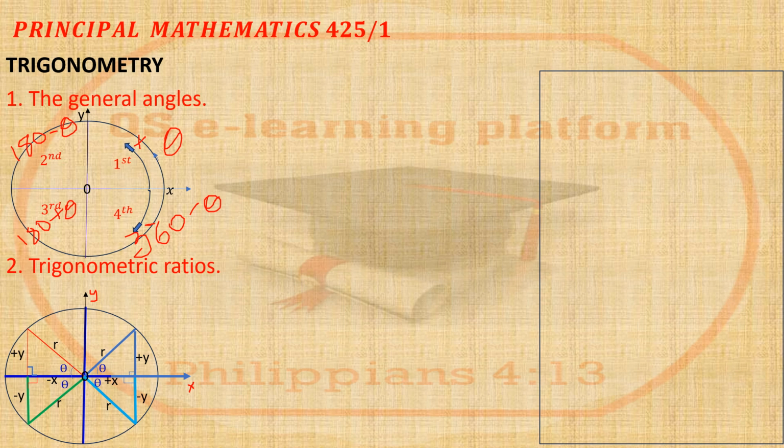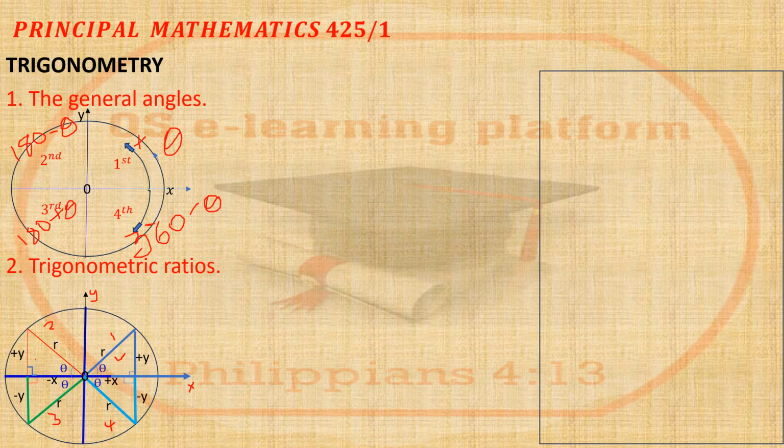These 4 equal portions I called the first quadrant, the second quadrant, the third quadrant, and the fourth quadrant. Now in these quadrants, I have right-angled triangles, as you can see. The first right-angled triangle in the first quadrant is that one.